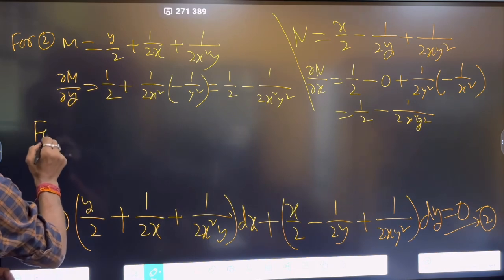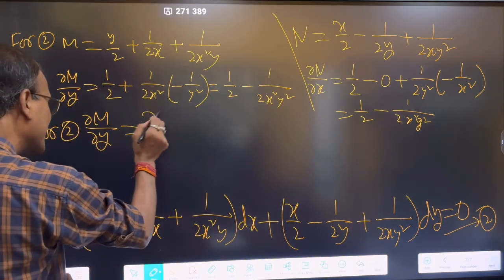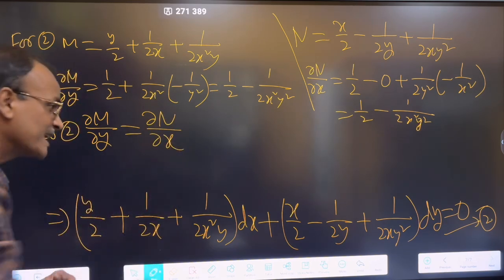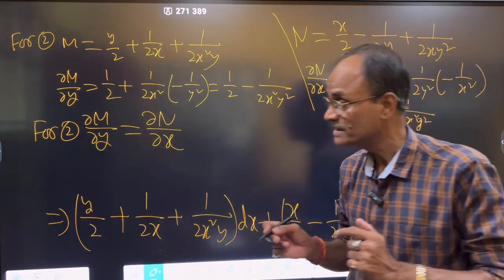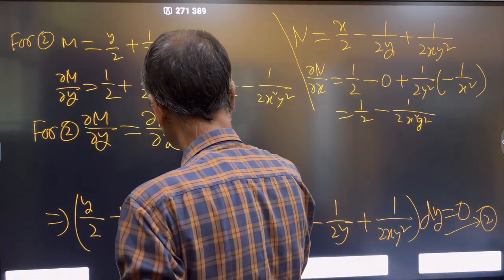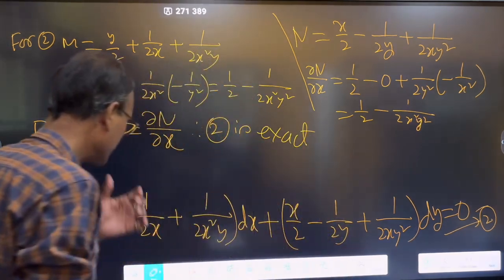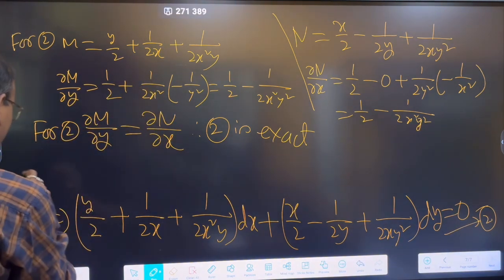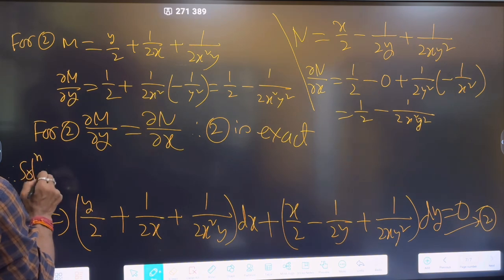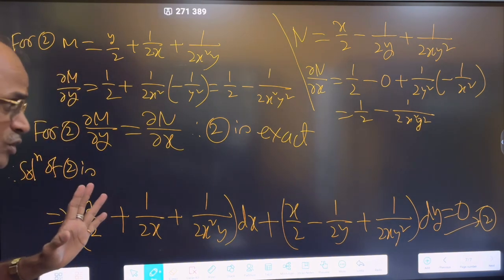For 2, del M by del y equals del N by del x. Therefore, 2 is exact. So what is the solution of 2?